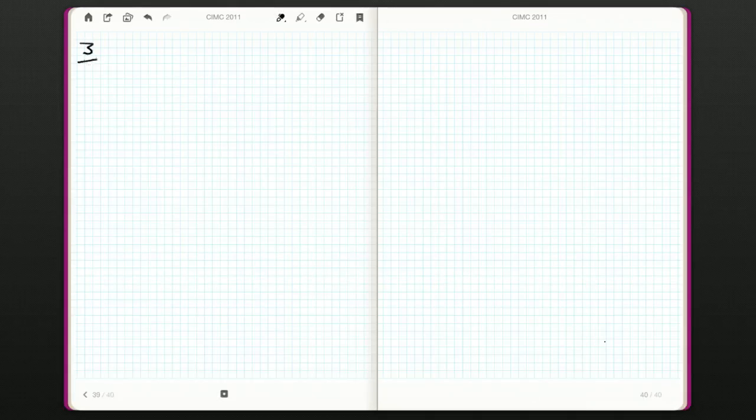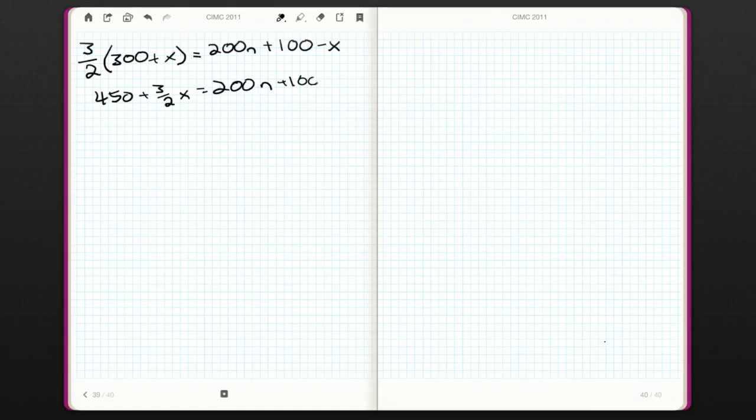Alright, so 3 halves of 300 plus X equal to 200N plus 100 minus X. Okay? So that's 450 plus 3 halves X is equal to 200N plus 100 minus X. So, what do we know here?